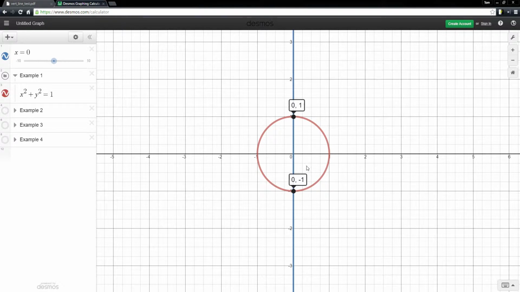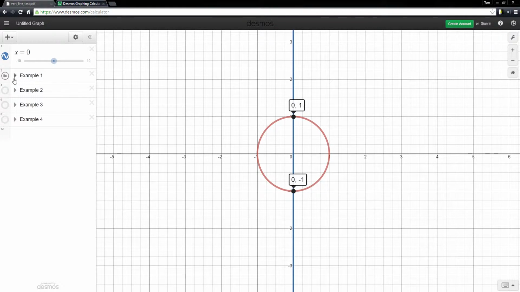So if you get more than one y value as a solution, that means in the vertical line test it's going to pass through those 2 points. So this equation, x squared plus y squared equals 1, doesn't pass the vertical line test, and so therefore it does not define y as a function of x, which we already knew pretty much anyway.